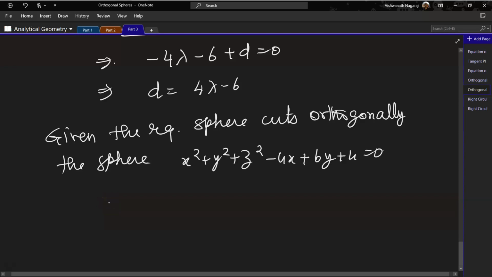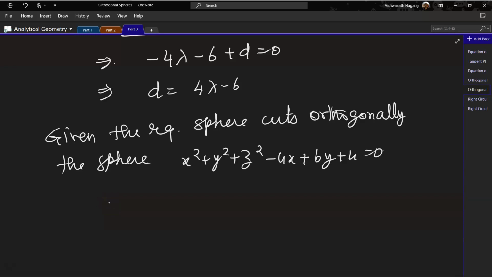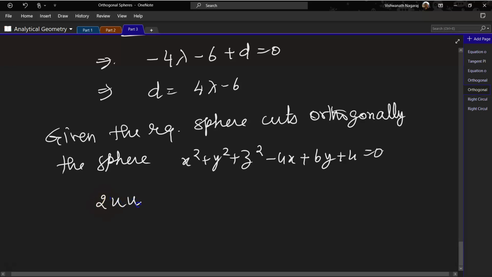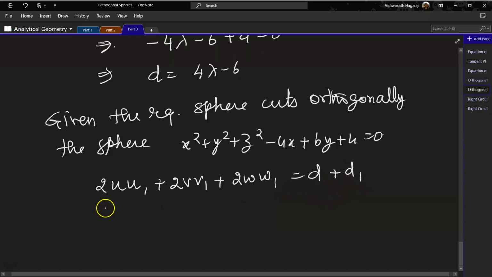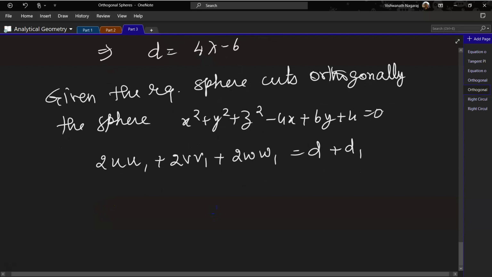We don't have to figure out orthogonality, it's already given, so we use the condition for orthogonality: 2u u1 plus 2v v1 plus 2w w1 is equal to d1 plus d. Now we have to figure out u1, v1 and w1. So 2u1x is equal to minus 4x, so u1 is equal to minus 2.